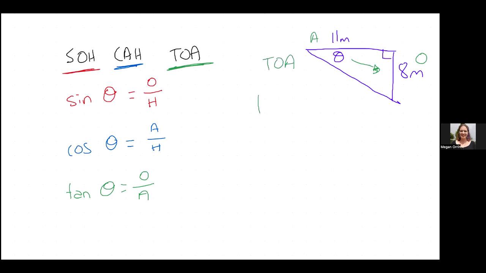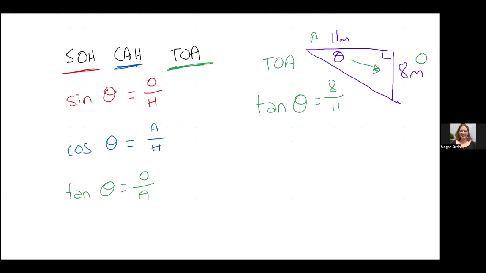This is going to be a little bit different, but I still set up the equation the same way. Tan of the angle is the opposite over the adjacent. The problem is my unknown this time. If you're finding the side length, you use sine, cos, and tan. If you're finding the angle, you use the inverse of sine, cos, and tan.